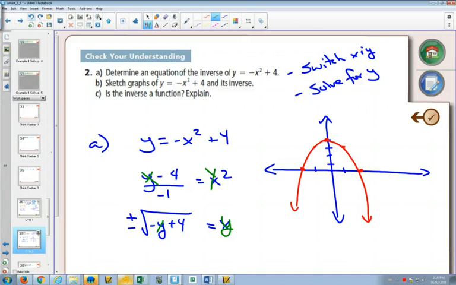Or you can do it at any time. If I did it at the end now and switched x and y, I would get that. Personally, I like to switch it right at the beginning. I don't know why I forgot.